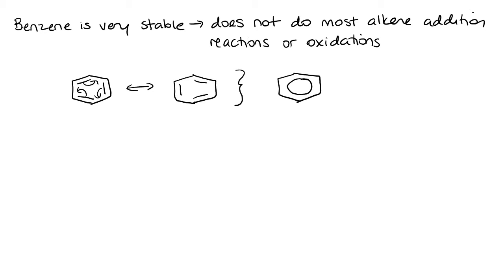So the hexagon with the circle inside, and that circle is indicating the fact that those pi bonds are moving constantly around the ring. So benzene itself is stabilized by resonance. Okay, so at no moment are these pi electrons just hanging out by themselves, ready to act as an alkene.